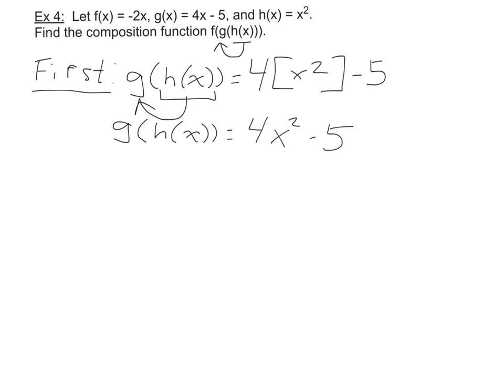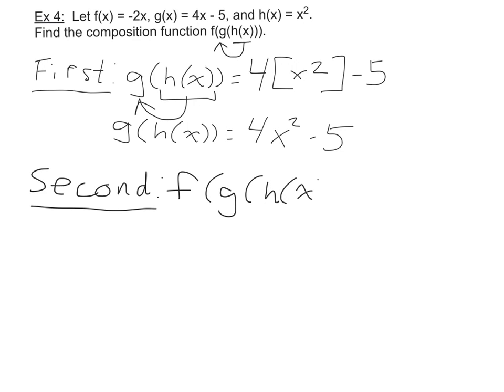Now that we have found g of h of x, we are now going to plug it into the f function. So the last step. Once again, it was f of g of h of x. So now that we have our g of h of x, we're going to plug this entire thing in for x.